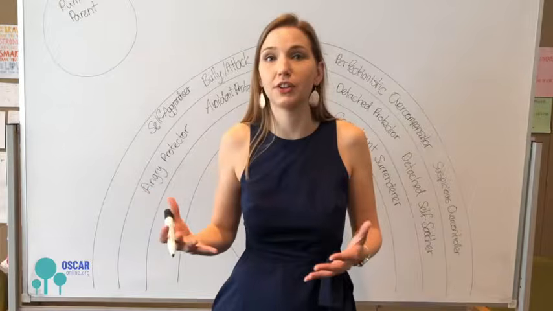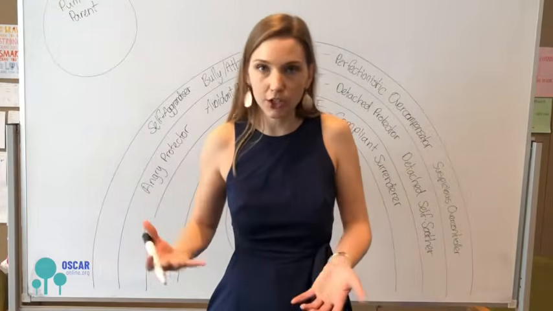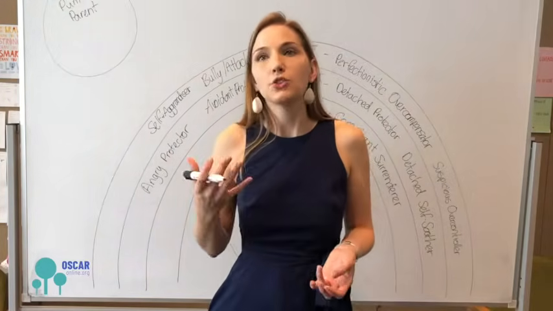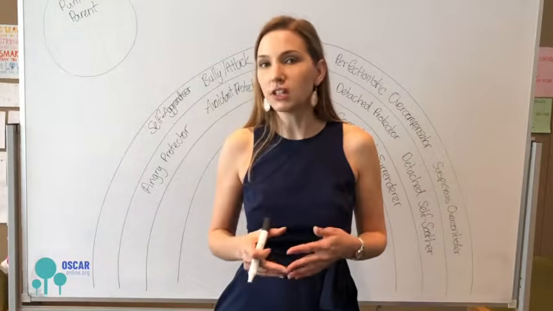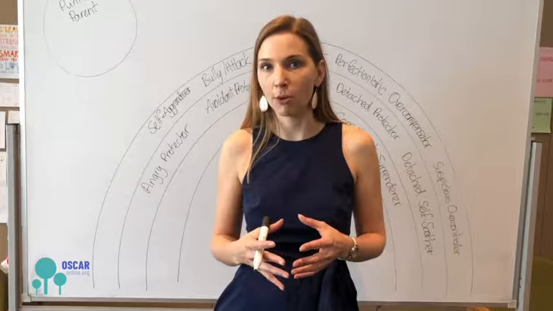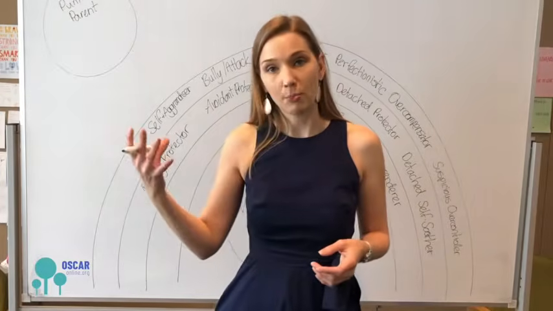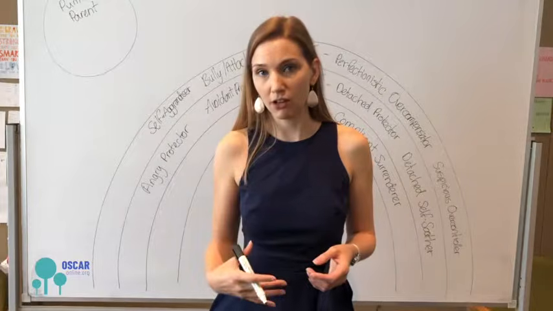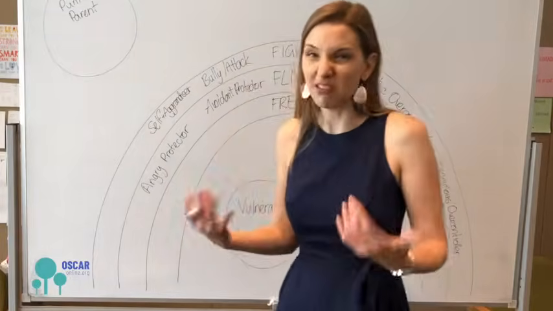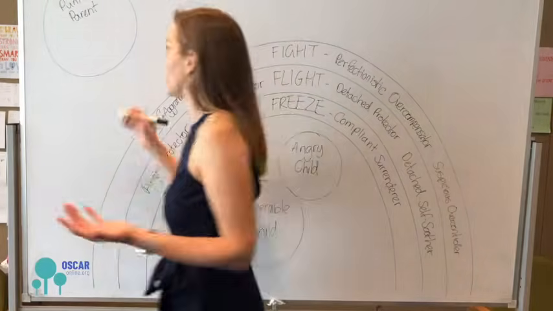It's usually a result of their external environment. Obviously, biology's got a part to play with this, but in terms of what they think about themselves, how they talk to themselves, that's usually going to come from what's happening in their environment. So it starts off as being from external sources, and over time that voice gets internalized and it starts to become what we more colloquially call our inner critic.